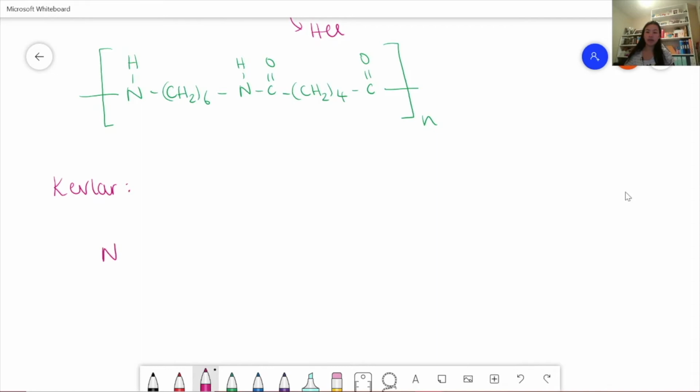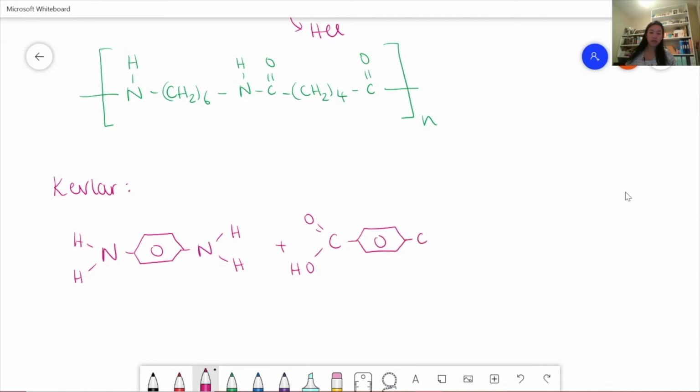So we have NH2, and then a benzene, then a nitrogen, and then another 2 hydrogens, and added with this dicarboxylic acid, like this, plus dot dot dot, plus dot dot dot.